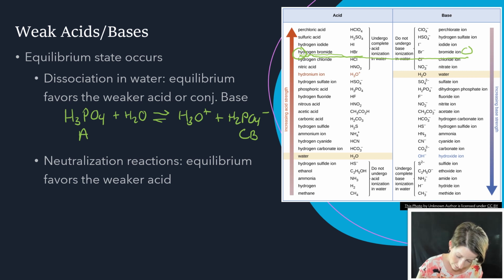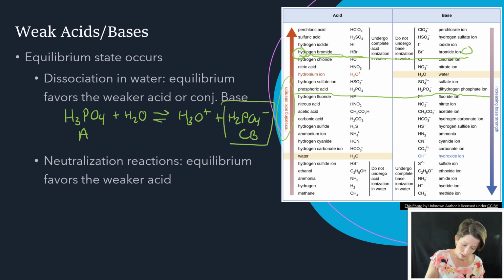So going through and finding my phosphoric acid to my dihydrogen phosphate ion. Because phosphoric acid is higher up in the strength, it's going to want to go towards the weaker side. So the conjugate base is going to be weaker, so equilibrium's going to be favoring the formation of that conjugate base.